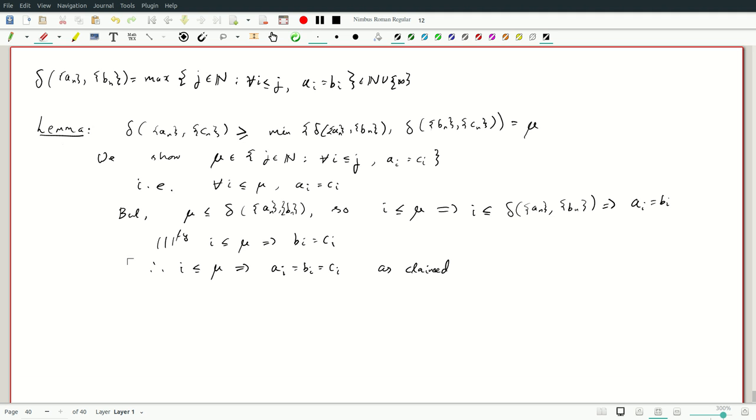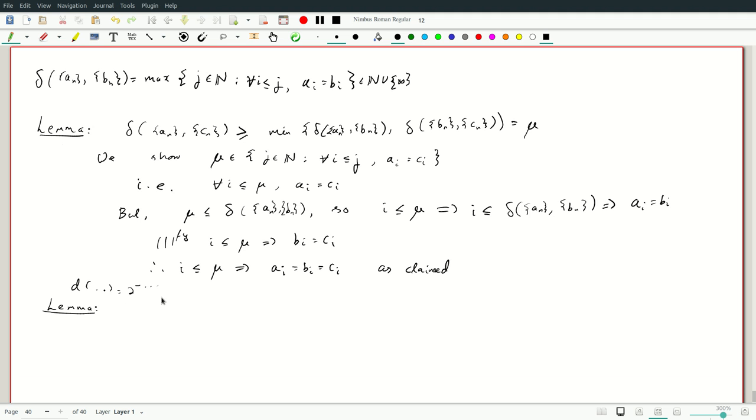Now that we have the lemma, the theorem is easy. I'll write it as a lemma, it will become clear. Now remember, the distance is 2 to the minus this quantity.